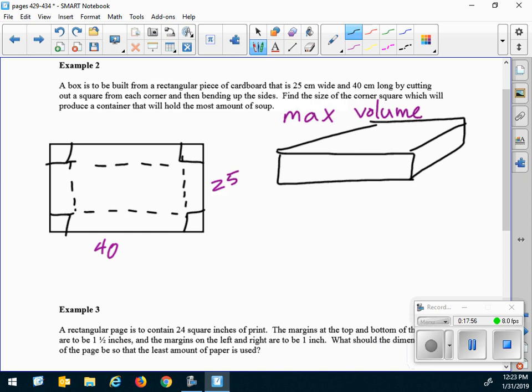It's probably going to have a top, but let's just assume they're putting some separate kind of lid on it. That's what we're going to have to assume.